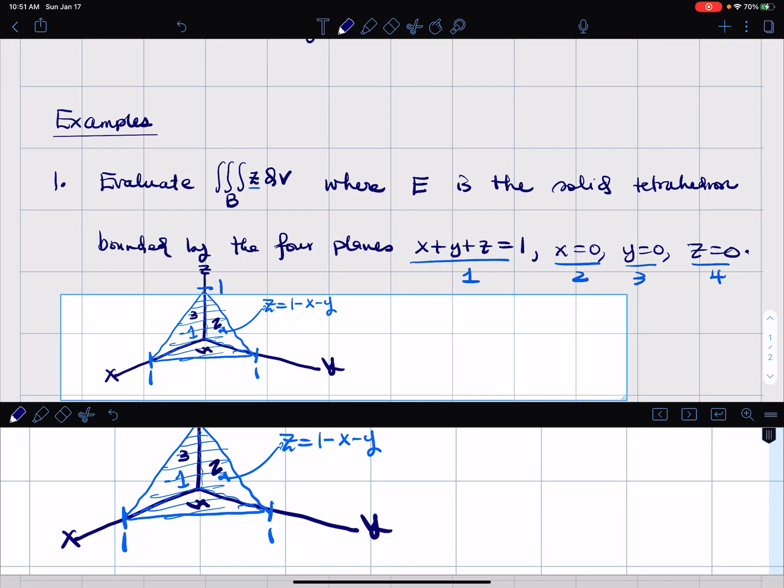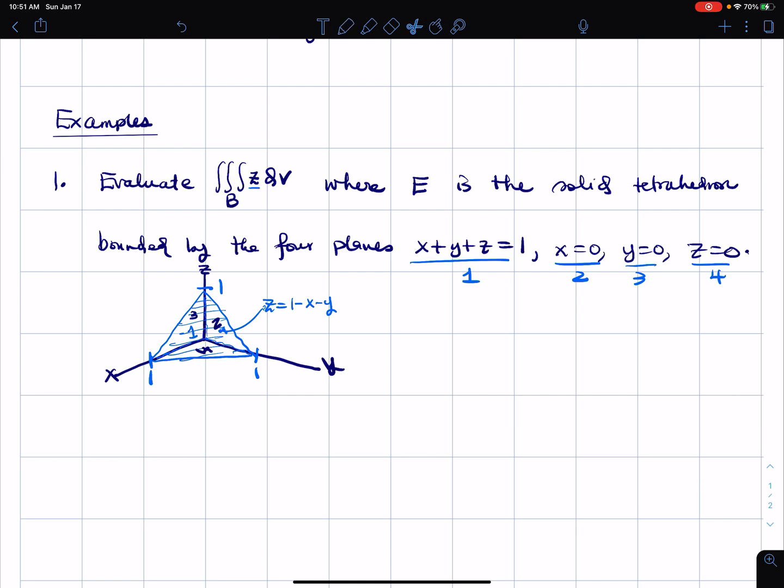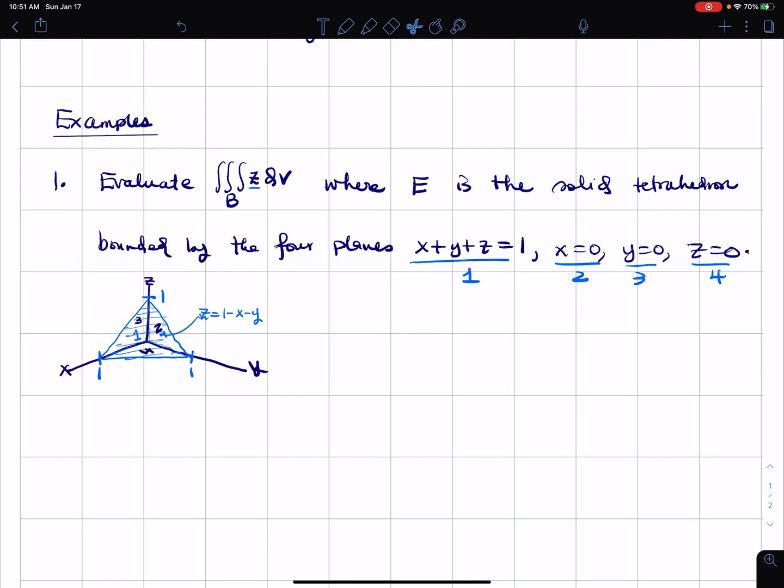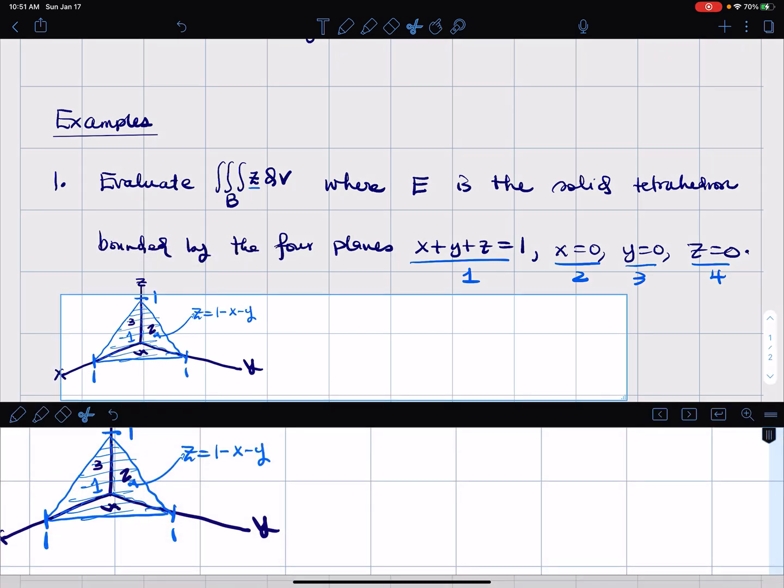But that's not how we're going to look at it. We're going to try to describe this solid using equations, and we're going to look at it based on the limits or the bounds along the x-axis, along the y-axis, and along the z-axis.